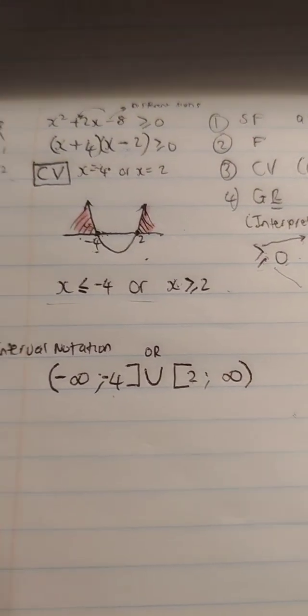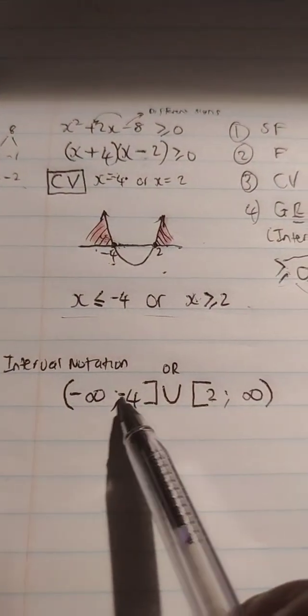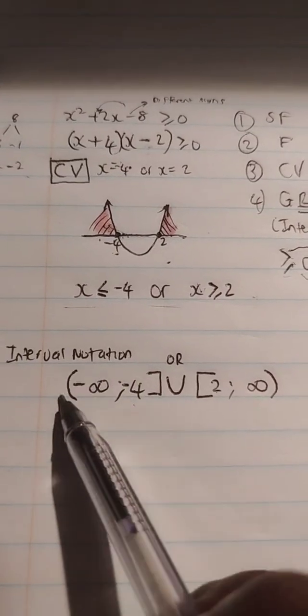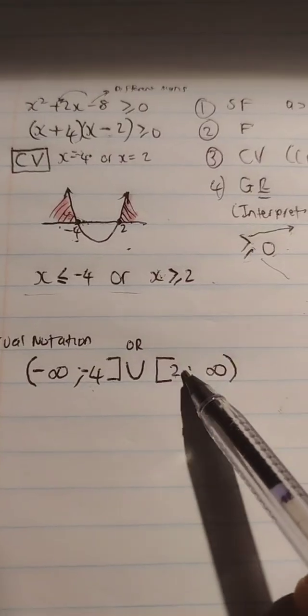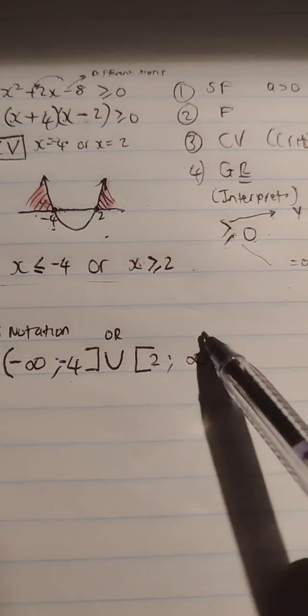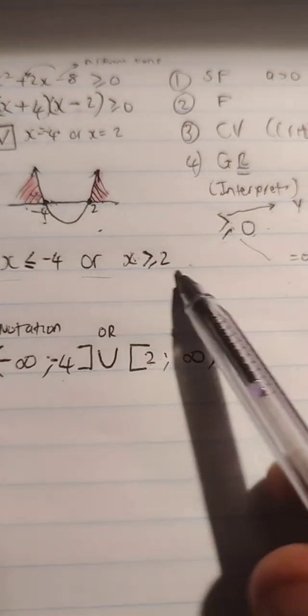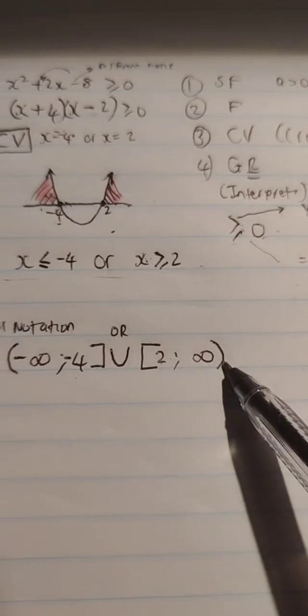So from -infinity to -4, that is our answer for this interval. And then from 2 to infinity, that is accommodating this answer in this interval.